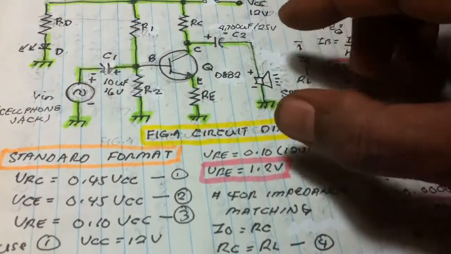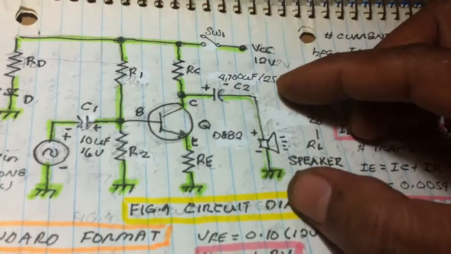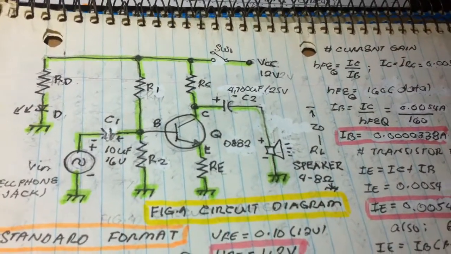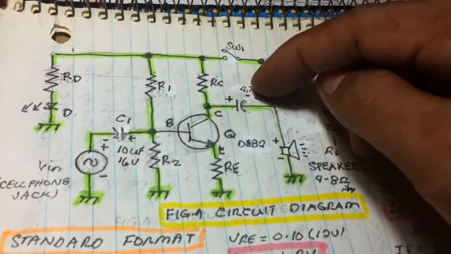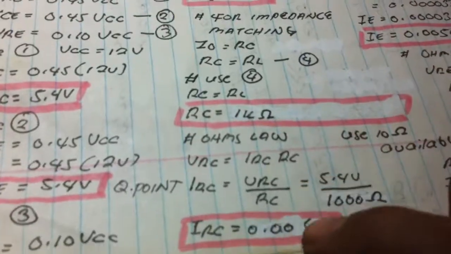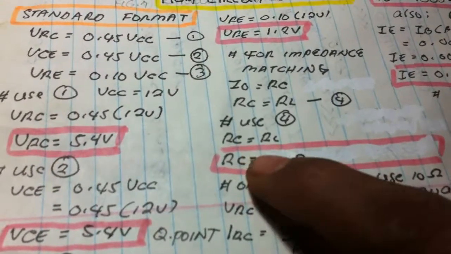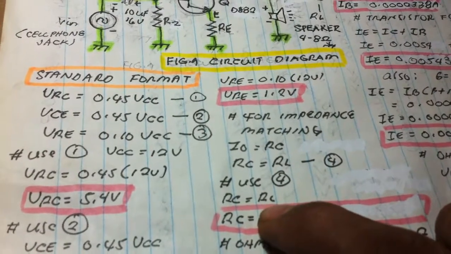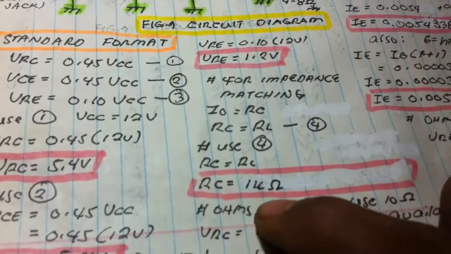Since I'm assuming that the load resistance is 1 kilo ohm, it must be equal to the collector resistor. So RC is equal to the load resistor. These are arbitrary values, so we got 1 kilo ohm.